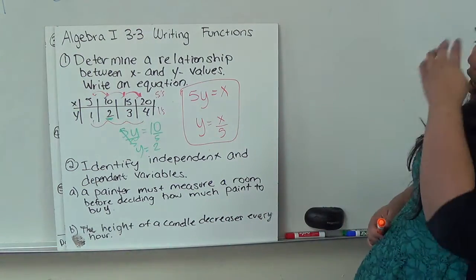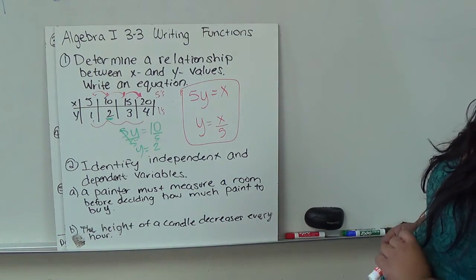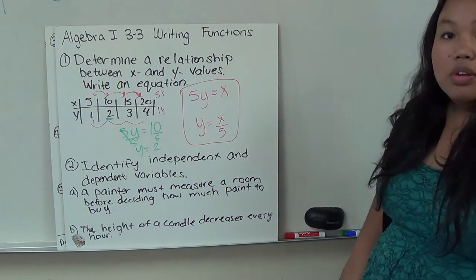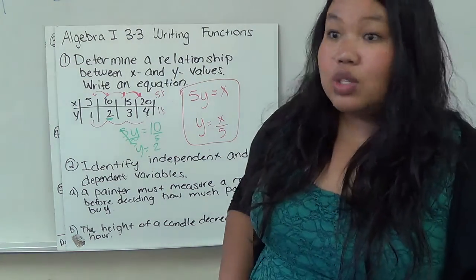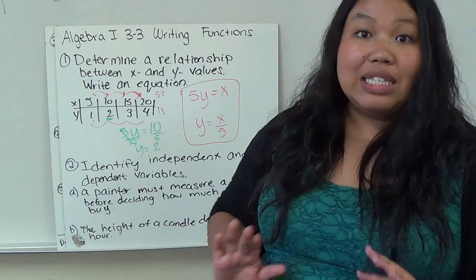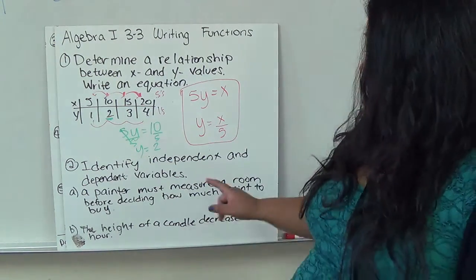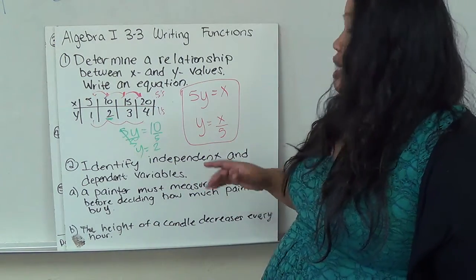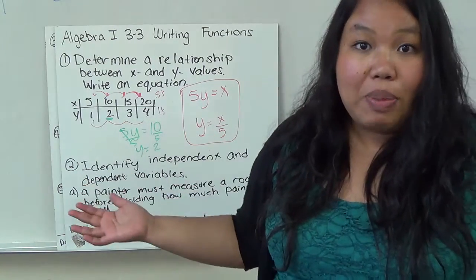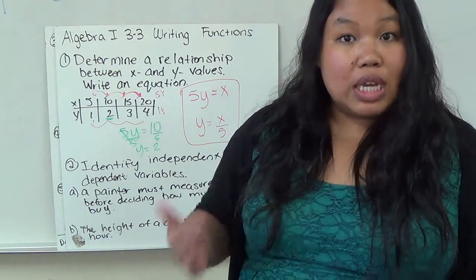So in this one, a painter must measure a room before deciding how much paint to buy, okay? So in this case, what will be independent? It doesn't depend on the other. Well, definitely, the size of the room, it doesn't matter whether I'm going to paint it or not. The size of the room will always be the size of the room.